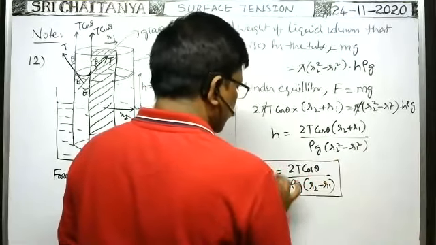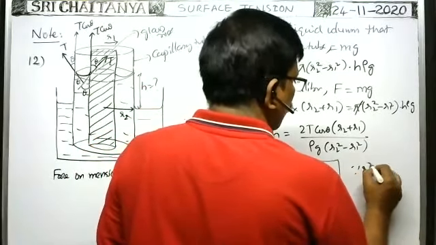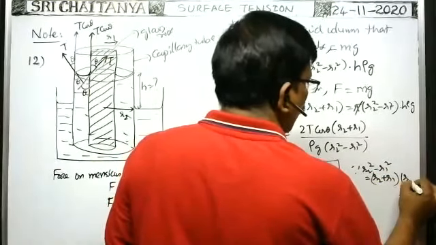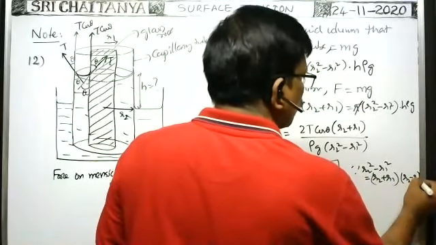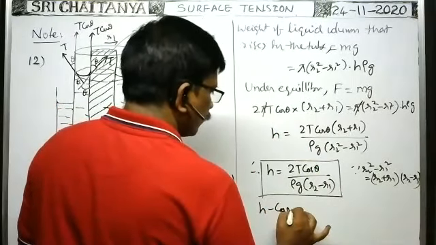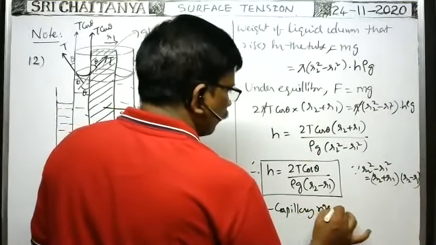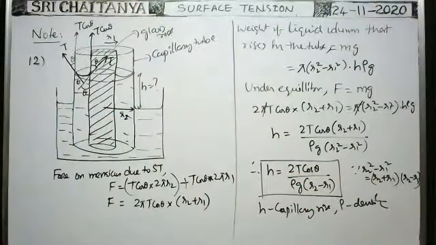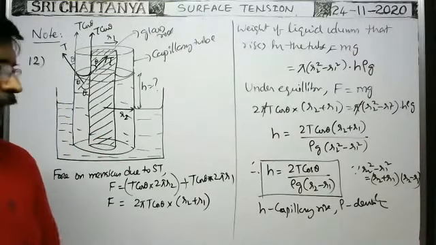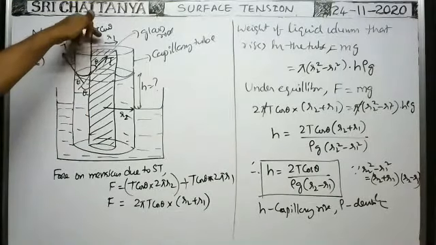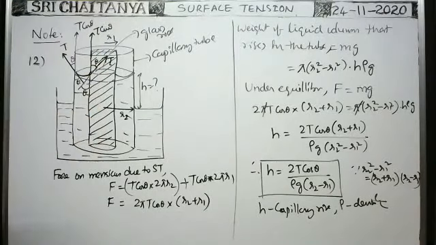This is the capillary rise, where rho is the density of the liquid. In this way, we can find the capillary rise in a capillary tube in which a rod is inserted symmetrically. Okay, note down.